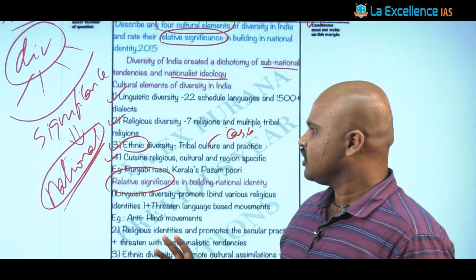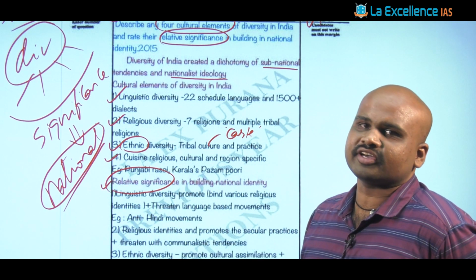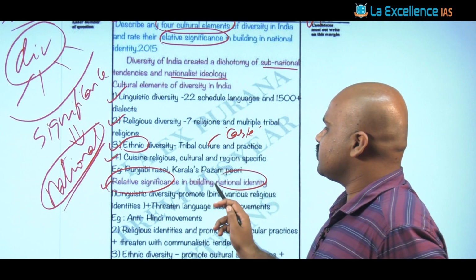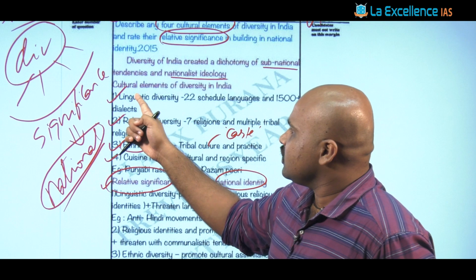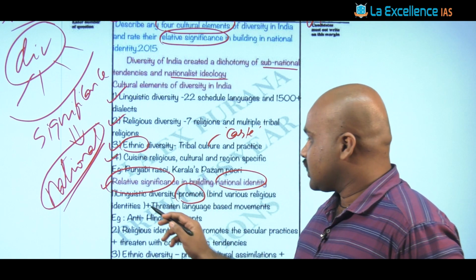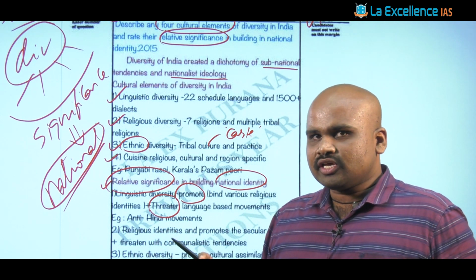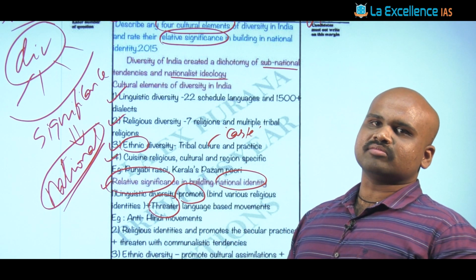I repeat. The second part is we have to discuss the relative significance in building the national identity. What is the relative significance of linguistic diversity? We can see that it can promote, and it can also threaten, because diversity as an element has both. It is a double-edged sword when it comes to Indian society.